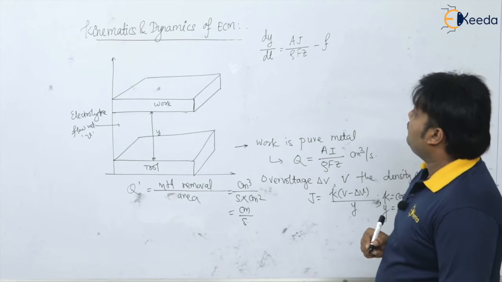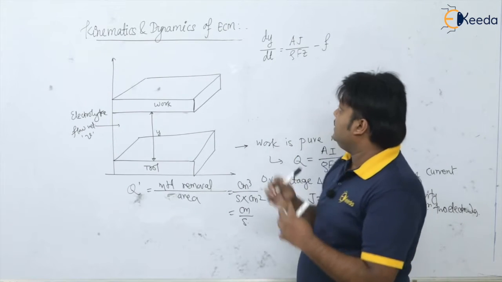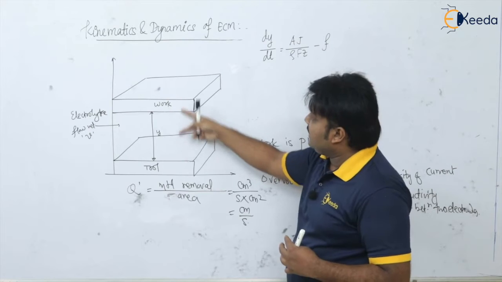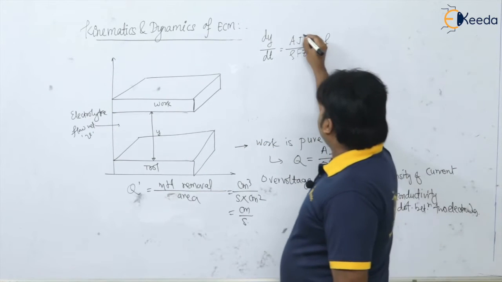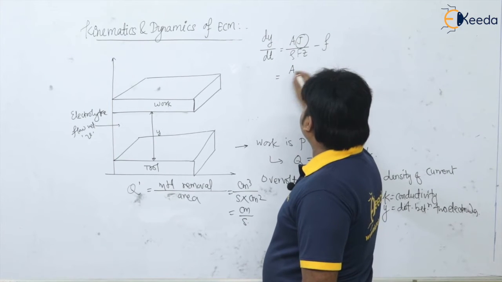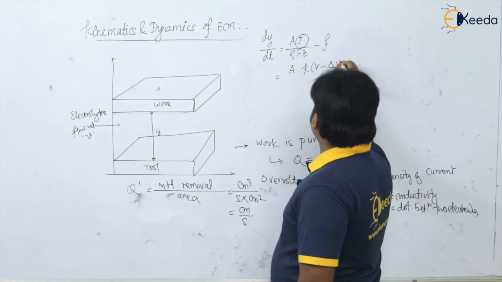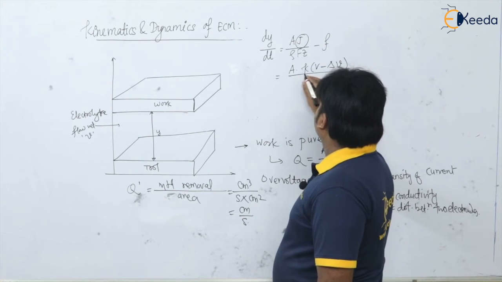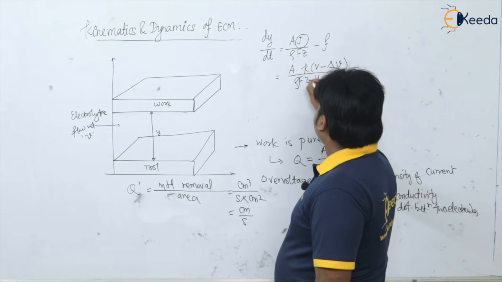Okay, so this is dy by dt, the rate of change in the gap y. Here we know the value of j, that is a into k into (v minus delta v) divided by y, and rho f z.